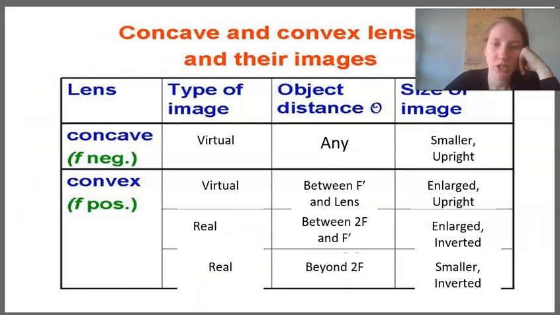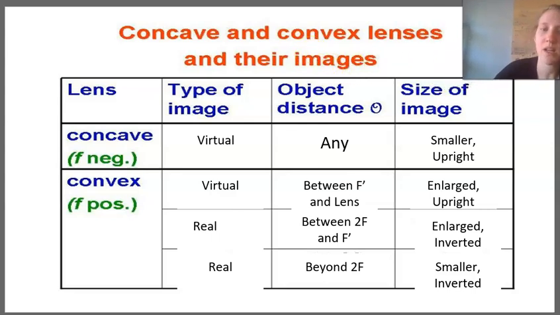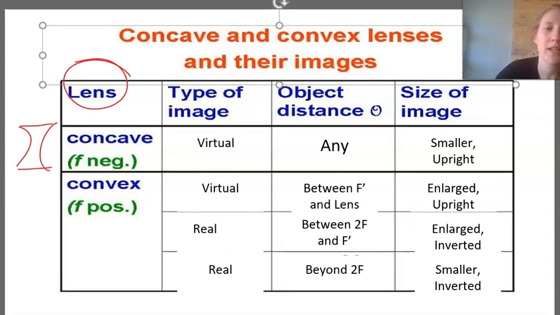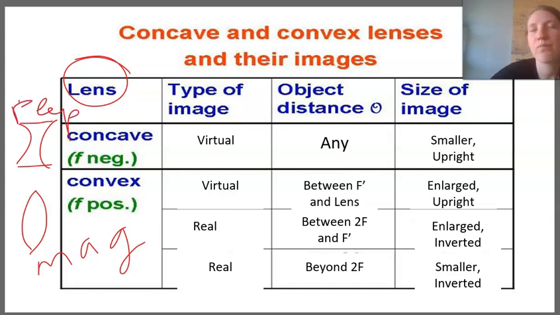All right, summary chart. This summarizes both types of lenses, concave versus convex. Concave, remember, looks like this. That's a concave lens. And this is a convex one, so this is a magnifying glass. Concave is kind of like what you would use for a peephole on a door, where you can see people, it's upright, but they're a little bit smaller.